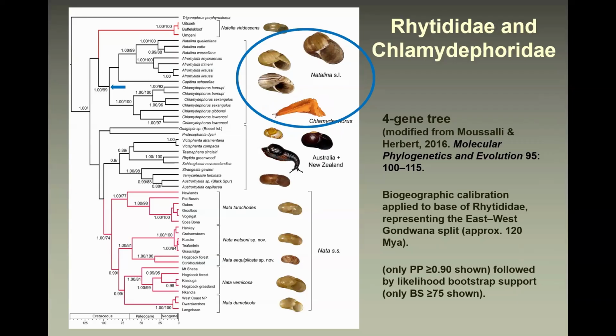And the relationship between Chlamydophorus and this Natalina sensu lato clade is very strongly supported here. So this is a reliable relationship. We can consider it a pretty conclusive finding.